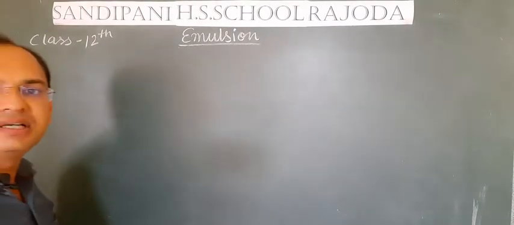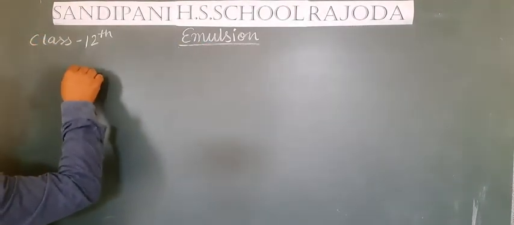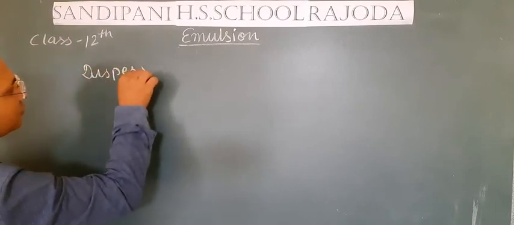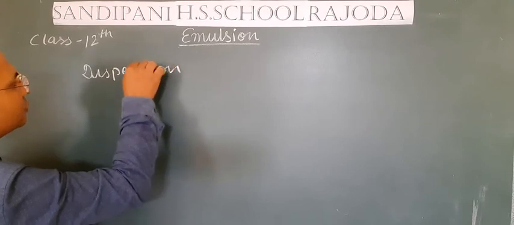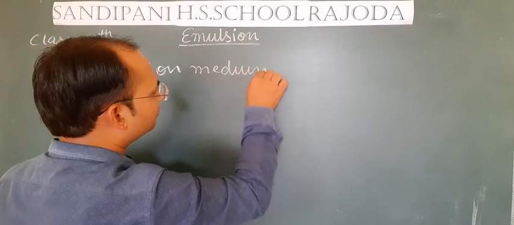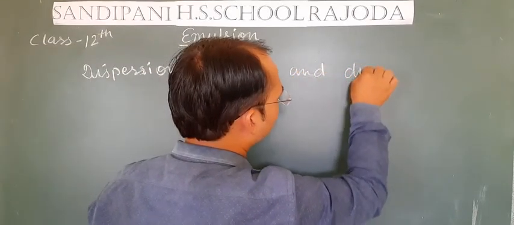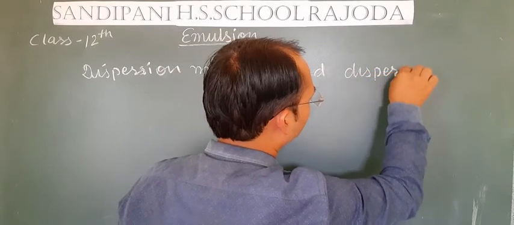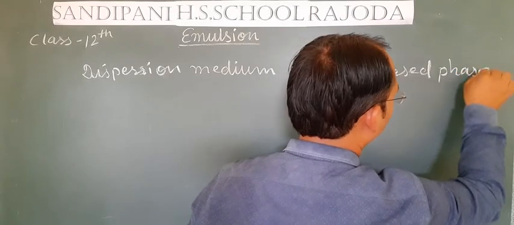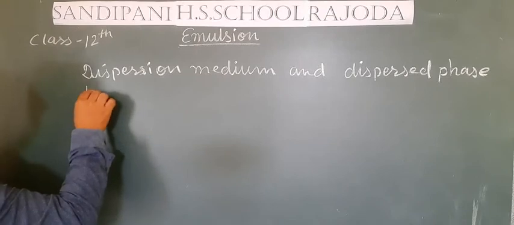Emulsion is nothing but a colloidal solution in which dispersion medium and disperse phase both are in liquid state.